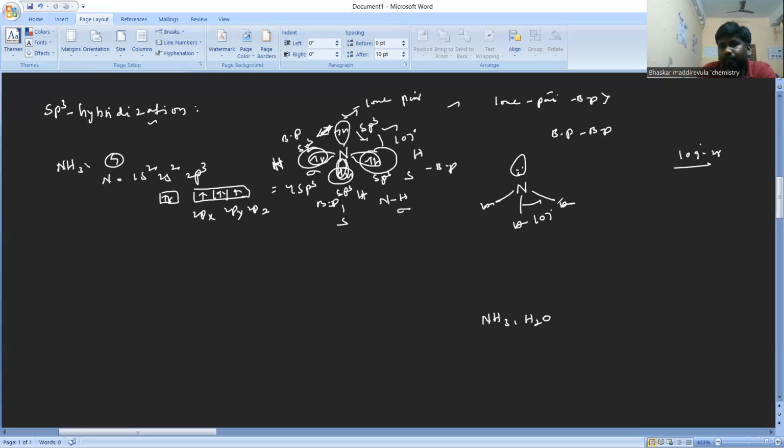The shape is also distorted from the tetrahedral. This is not exactly tetrahedral geometry; this is a distorted tetrahedral geometry.